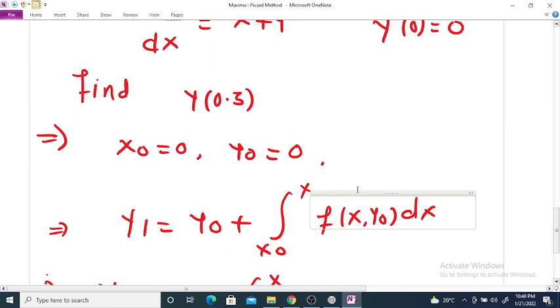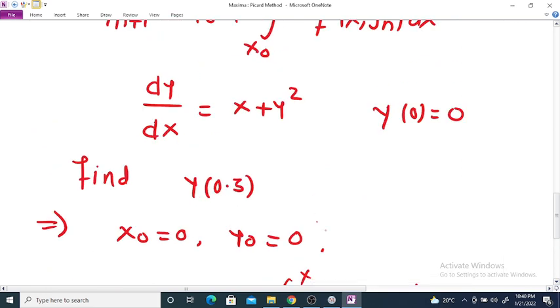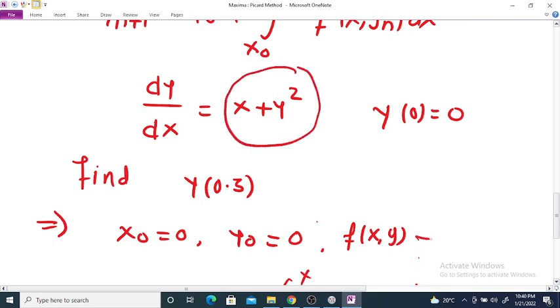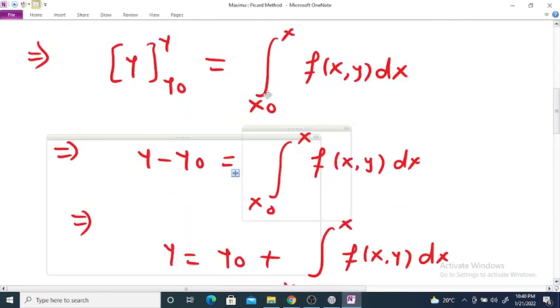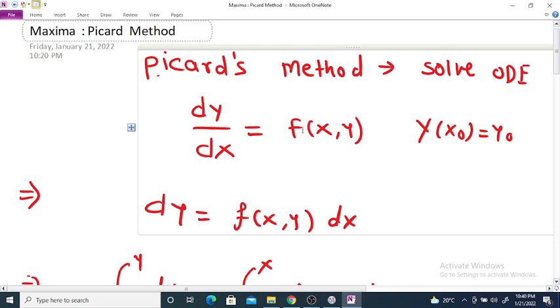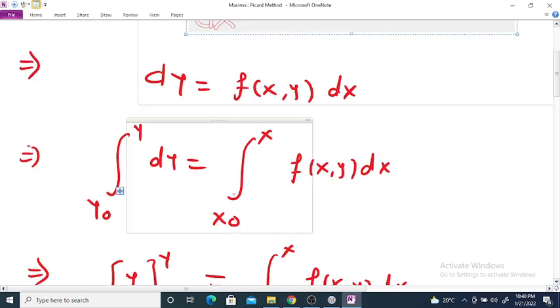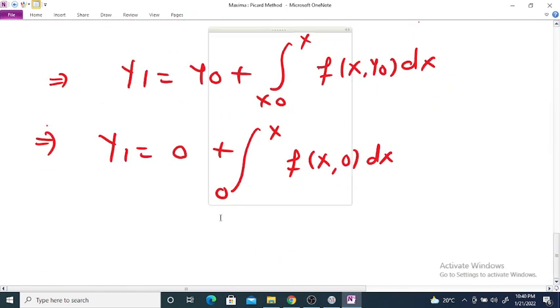Here f of xy is equal to what? x plus y square. If you compare this differential equation with dy by dx is equal to f of xy, the value of f of xy is equal to x plus y square.